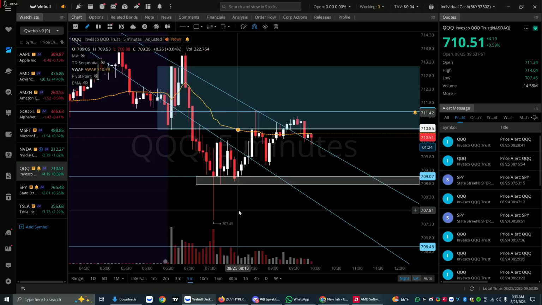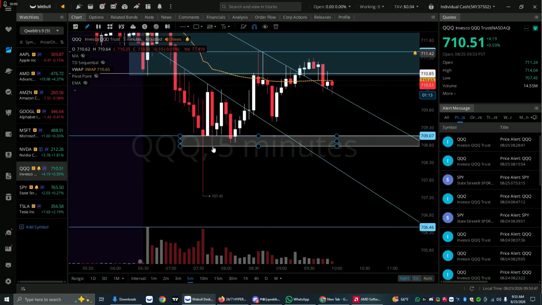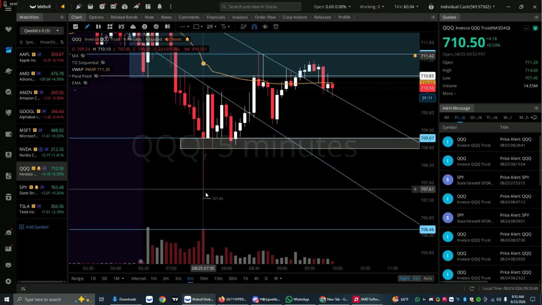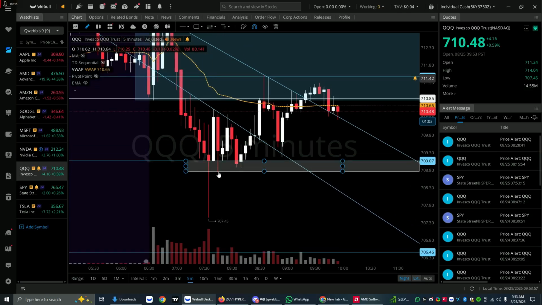It's becoming more valid. And then I drew this support zone. How I get this is from this wick here. This wick I'm ignoring because it's a news candle. I'm not going to acknowledge it. I'm going to acknowledge this wick here because this was after the news and then what happened next. So this is a support zone.